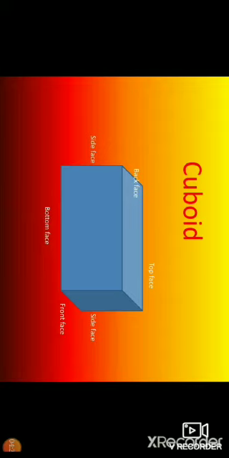Some examples of cuboid shapes from our life are a fish tank, a CPU, and our notebooks. Everything here is a cuboid shape, so that is also a 3D shape. It has six faces, opposite sides are equal, and it has 8 vertices and 12 edges.